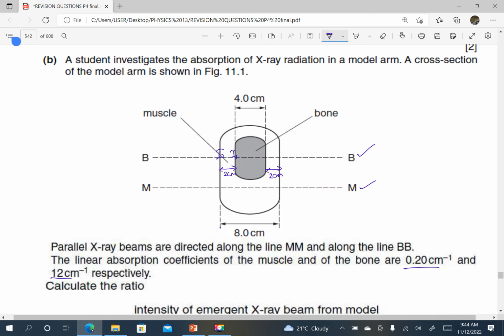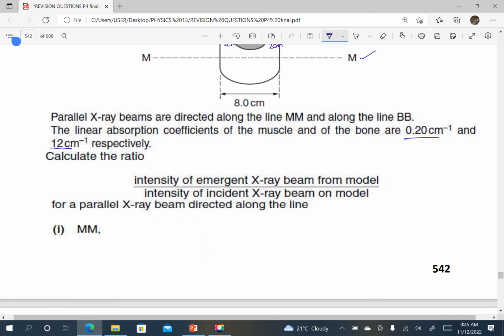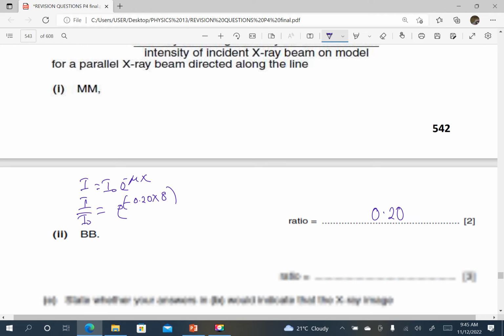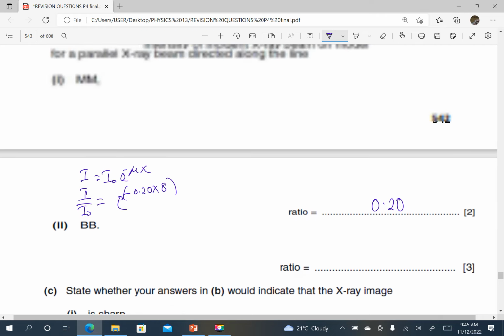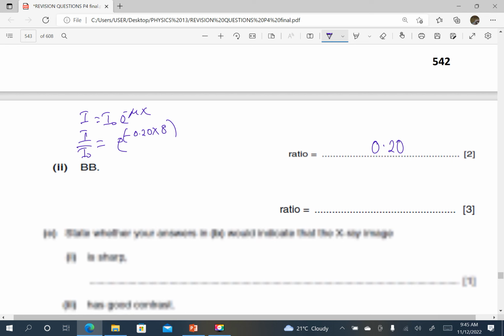Let's say what reaches the other end of the bone is I2. I2 is the same intensity which just leaves the bone. And let's say what reaches the other side is I3. So we want I3 over I naught. To begin with, let's find I1, which arrives just on the bone.